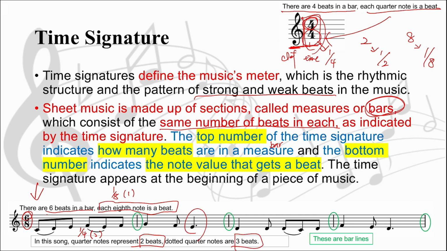We need to notice that we have bar lines here, so we can count in each bar how many beats there are. Because an eighth note is 1 beat, so 1, 2, 3, 4, 5, 6. So each bar we have 6 beats.